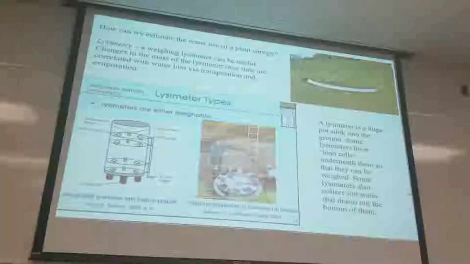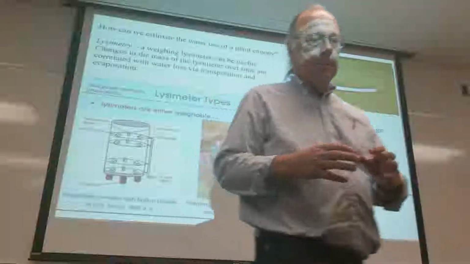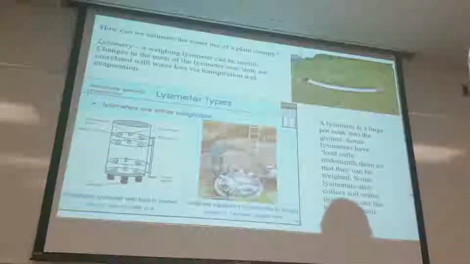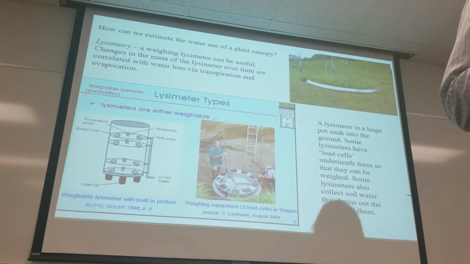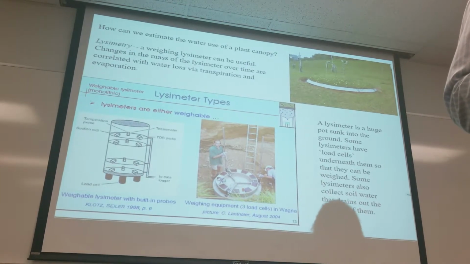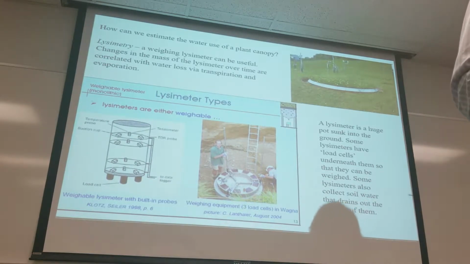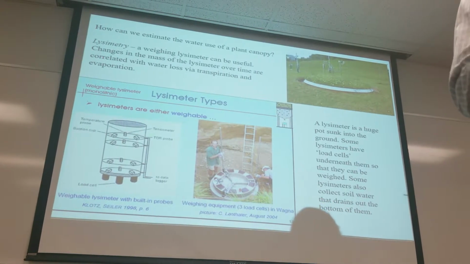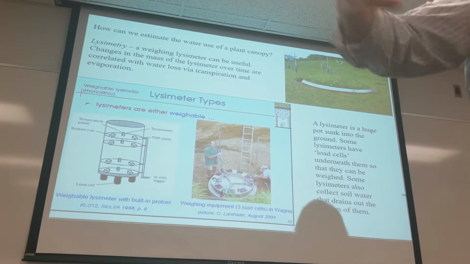And the way we did it was to put them in place in the soil, take them out and weigh them each day, and then install new ones each time, because when you cut that piece of soil off from the rest of the soil, its water content and things are gonna change differently than the bulk soil.